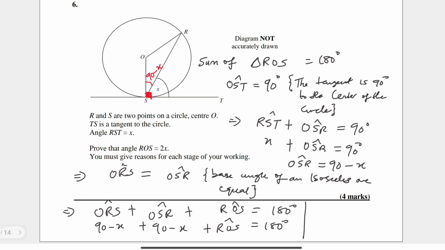So that implies 180 minus 2x plus ROS equals 180 degrees. So this we cancel out, and minus 2x plus ROS equals 0, and that will make ROS equal to 2x, as expected.